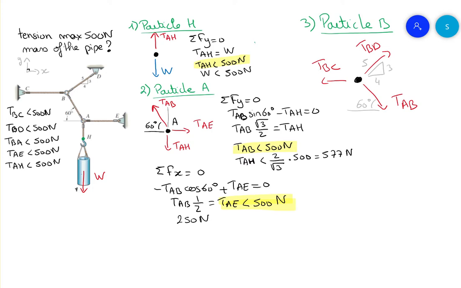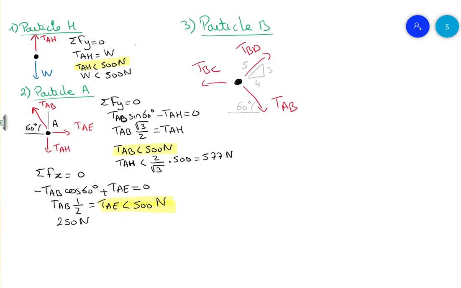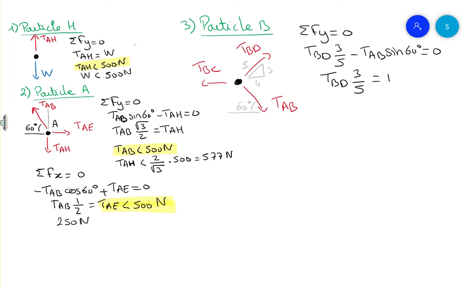Okay, so let's do sum of the forces on Y equals 0 first. I will come back after that. Sum of the forces on Y equals 0. We have TBD times 3 divided by 5 minus TAB sine 60 equal to 0. So we have TBD times 3 divided by 5 equal to TAB times square root of 3 divided by 2.